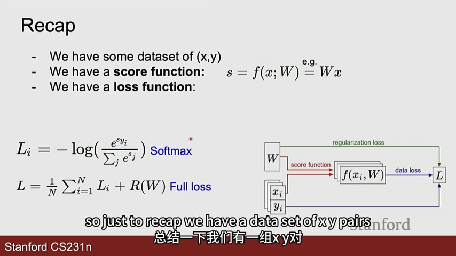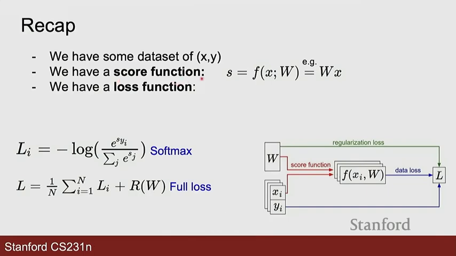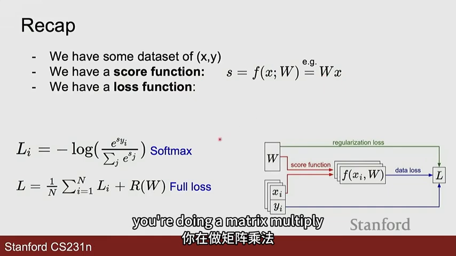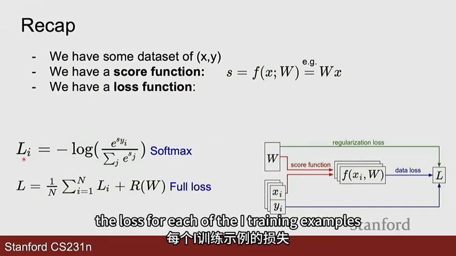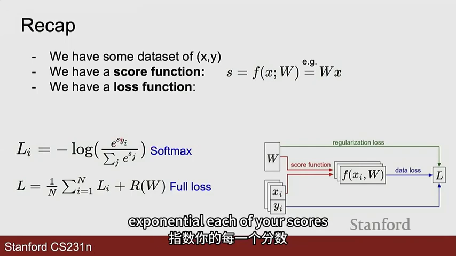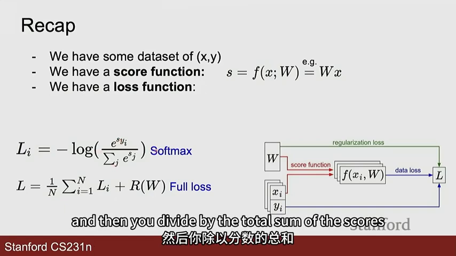Okay, so just to recap, we have a data set of XY pairs, and we have some way to calculate scores for each of the classes, which in our case is just a linear model. You're doing a matrix multiply. The loss for each of the i training examples in the softmax loss, which we discussed last time, is that you exponentiate each of your scores, and then you divide by the total sum.